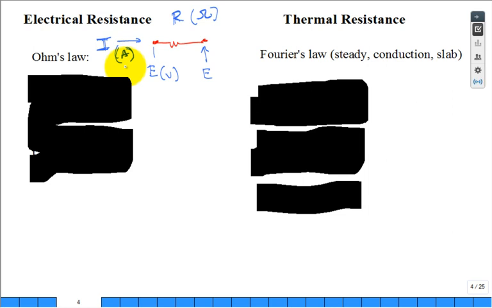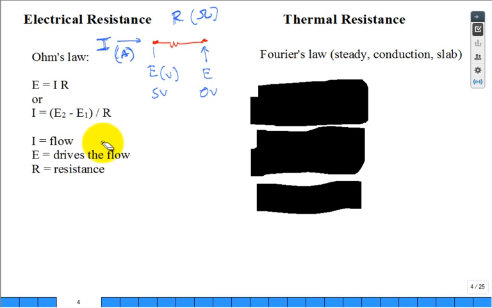You know it? Sure, E equals IR, right? Something like that, but it's really not. If this was 5 volts over here and 5 volts over there, would there be any flow through it? No, but if there was 5 volts and 0 volts, yeah, there would be a potential difference. So in Ohm's law, we remember something like E equals IR, but really I would like to re-express it as I is the flow, and you had the difference in the electromotive force, the voltage difference across that resistor.